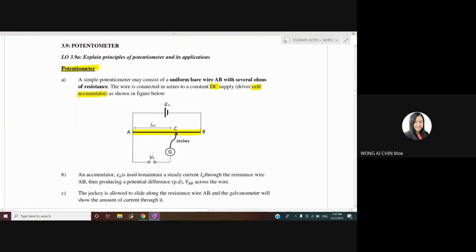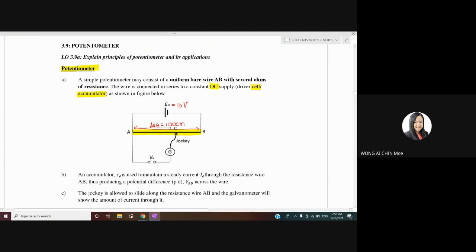For example, let's say epsilon naught, your EMF of the battery, is 10 volt, and the total length of the potentiometer, LAB, is 100 cm.